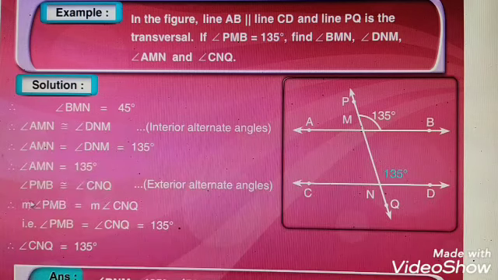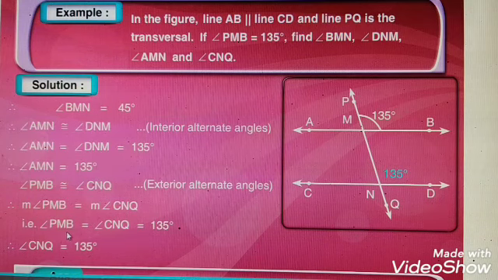Then angle PMB is congruent to angle CNQ, exterior angle. Therefore, measure of angle PMB is equal to measure of angle CNQ. That is, measure of angle PMB is equal to measure of angle CNQ, which is equal to 135 degrees.